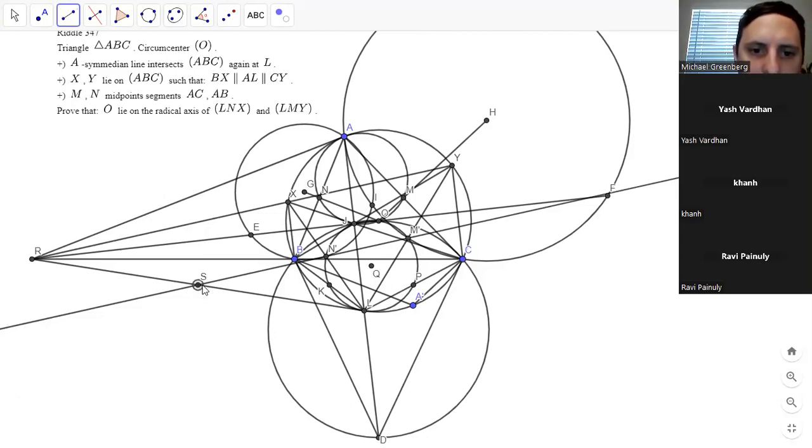And AM and AN should be tangent to this circle. So I don't know if that helps.